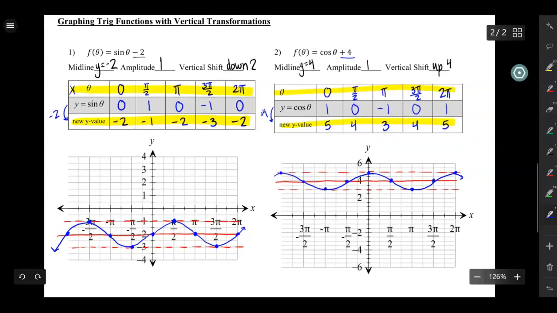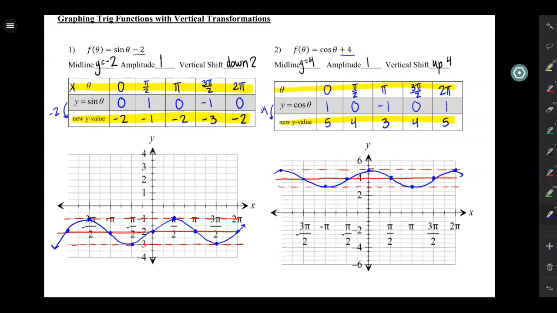On this one, let's actually talk about the range and what the range would be, just because it's interesting to see how what we've already done makes the range really easy for us to fill in. So the domain, like we said, is always going to be from -infinity to infinity. The range is how far up and down I can go. And I actually have already drawn the range in. Those red dotted lines that we drew in tell us how far up and down my graph can go.